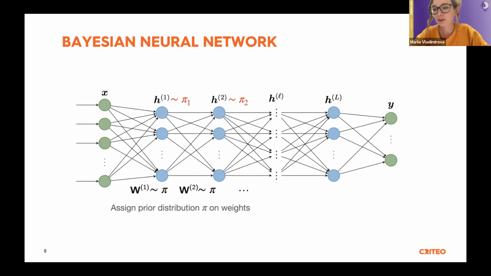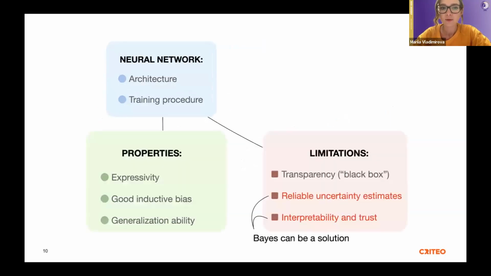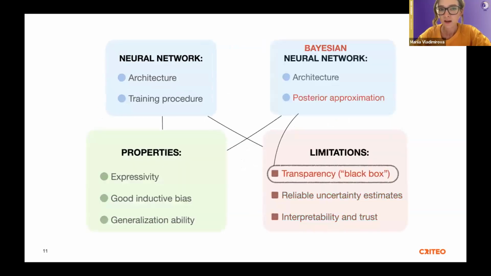The output of the whole neural network is then a random variable. The problem that comes to us is how to update the weights. For this we need to get posterior approximations. With these models, in the end, we get uncertainty and then interpretability.